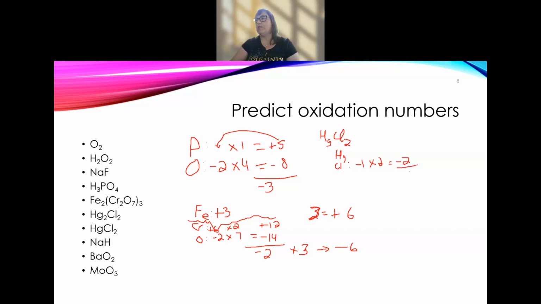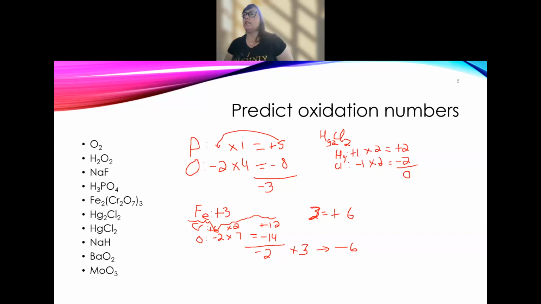This is a neutral atom, so this has to be 0 overall. My Hg, I have 2 of those as well, and that has to equal positive 2. And so that means that the charge on each of those must be plus 1.